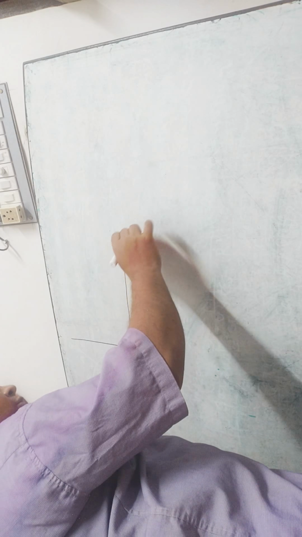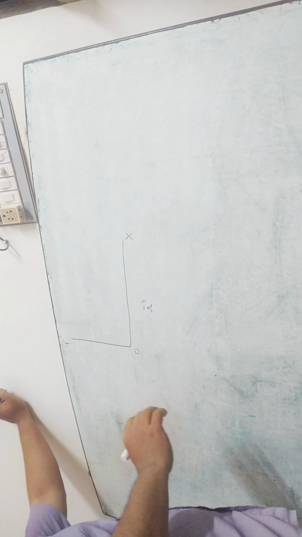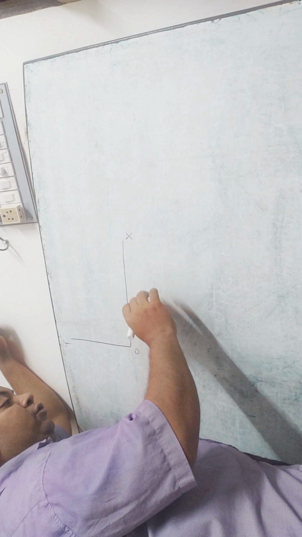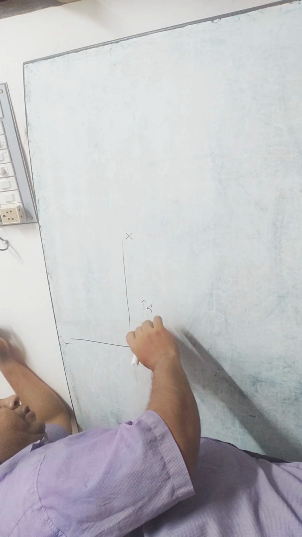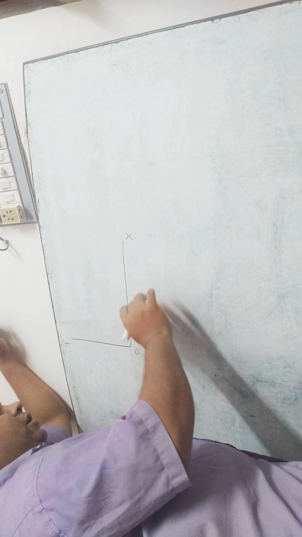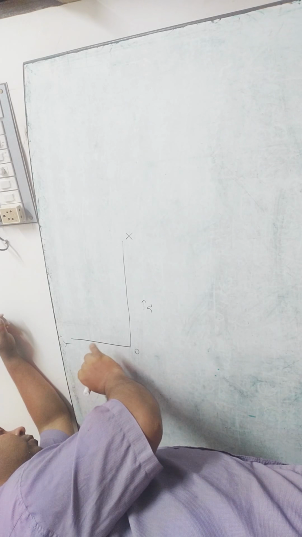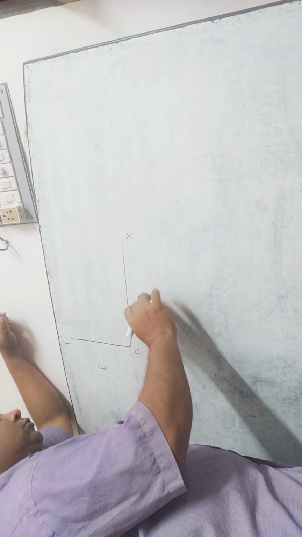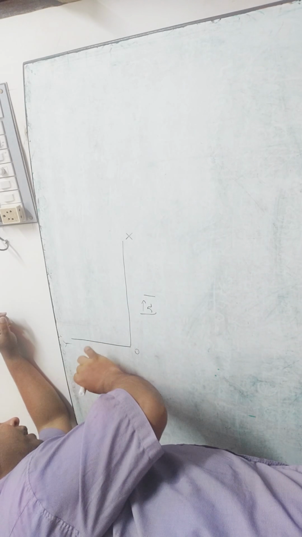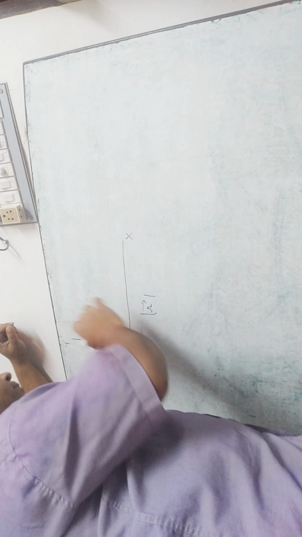OX and OY are the two mutually perpendicular axes. Along X we denote the distance of a point P from the center of the sphere, that is r, and along the y-axis we denote the magnitude of electric field at that point.